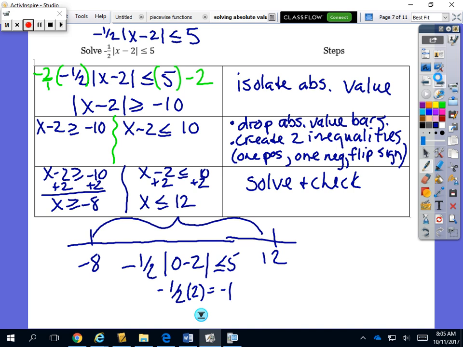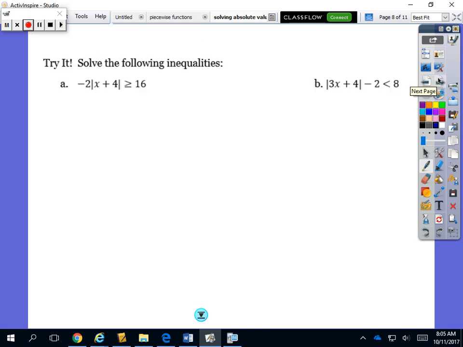So you go ahead and do the problems, and then stop the video, come back after you've finished doing the problems. Okay, so the first thing I'm going to do here is divide by negative 2, which flips the inequality sign, so x plus 4 is less than or equal to negative 8.